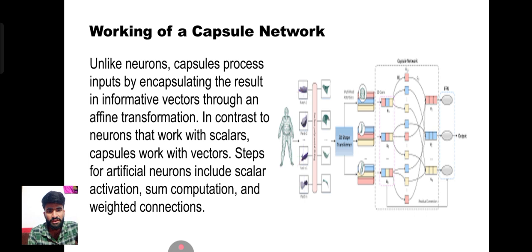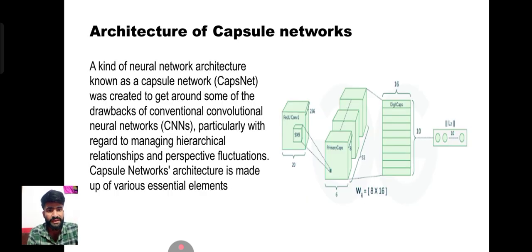Working of capsule networks. Unlike neurons, capsules process inputs by encapsulating the result as informative vectors through affine transformation. In contrast to neurons that work with scalars, capsules work with vectors. Steps for an artificial neural network include scalar activation, sum computations, and weighted connections. Architecture of capsule networks.